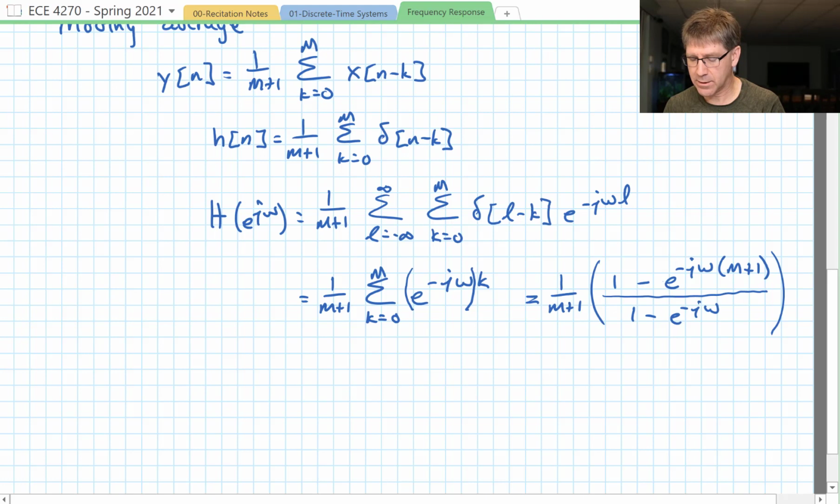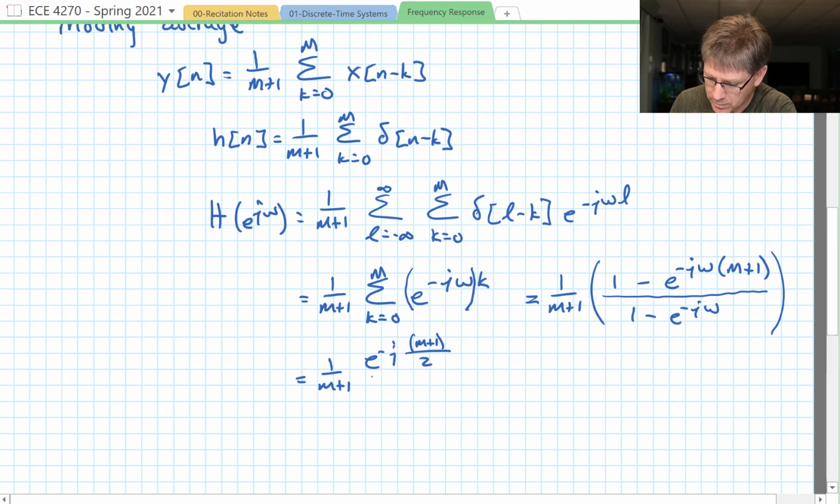That may not be more insightful than what we just had, but we can factor values out of the top and the bottom of this. Out of the top we're going to factor e to the negative j omega times m plus 1 over 2, and out of the bottom we'll factor e to the negative j omega over 2.